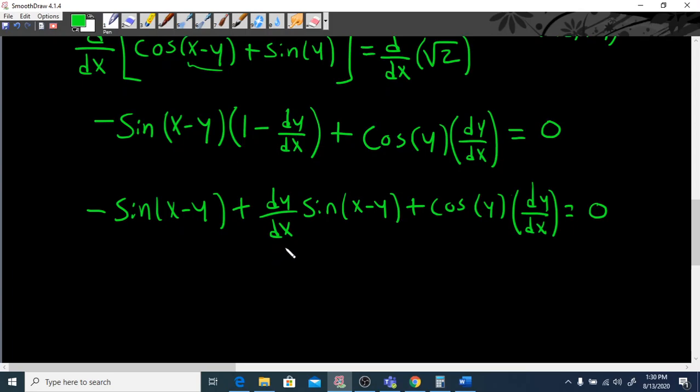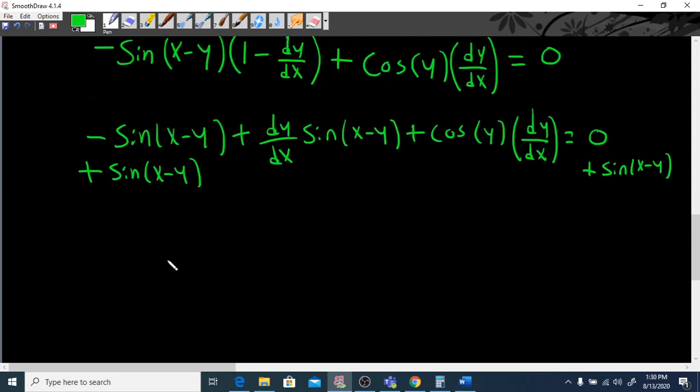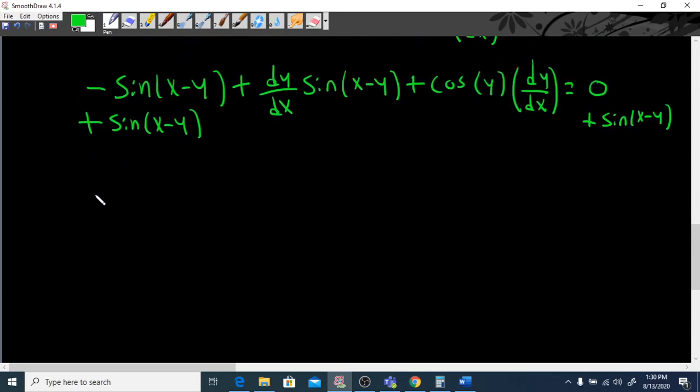Awesome. So now we have 1, 2, 3 terms, 2 of which have dy dx. So what I'm going to do is send this term to the other side because it does not have a dy dx. Very cool.